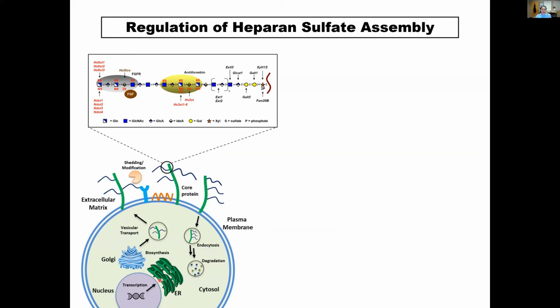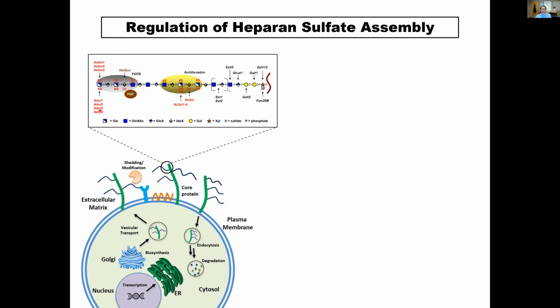And you can imagine before any of these glycosaminoglycans are presented on the cell surface, there are a lot of different steps along the pathway that could be regulated. There could be transcriptional or translational regulators. It's already known that transcription and epigenetic factors regulate gene expression across the genome. And it's not well known what regulates the expression of these different enzymes.